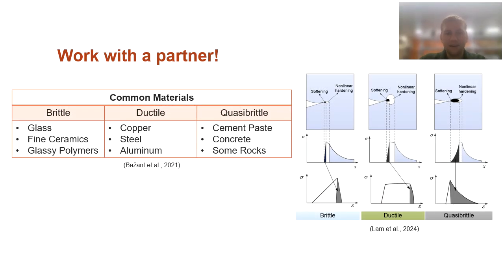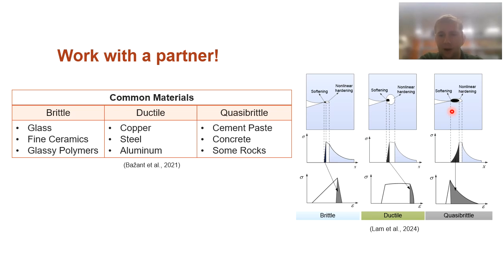Well, some of our quasi-brittle materials would be the cements, ductiles would be more of our metals, and brittle would be glass. I think glass is a perfect example of a brittle material there. And on the right, we can see this fracture process zone in that shaded in area in the top of these diagrams. I'll use my pointer here. Where in quasi-brittle materials, we see this softening, this giant fracture process zone relative to brittle.